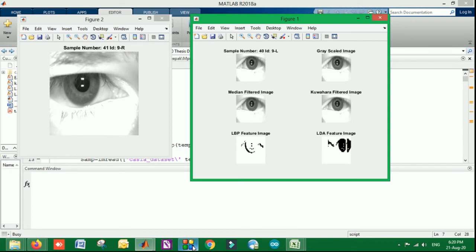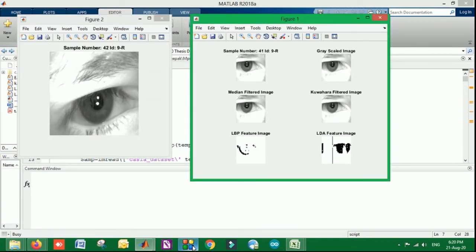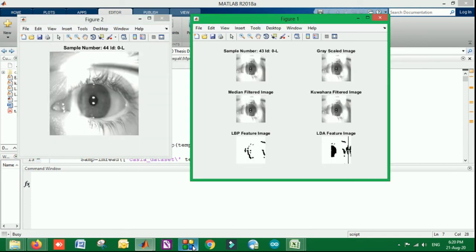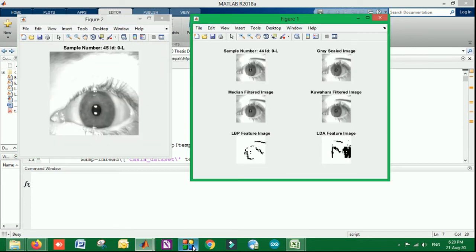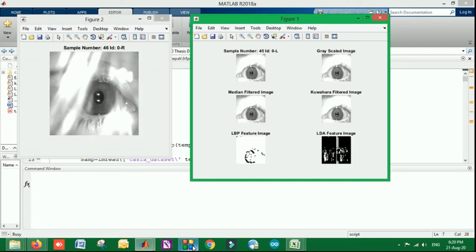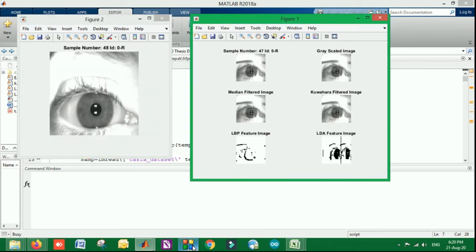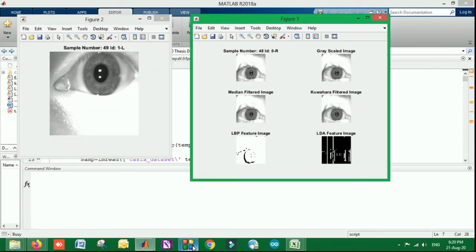Currently the sample being processed is the 40th, 42nd and so on, left and then right. Along with that, you can see a graph representing the variation in the histogram for the two models. I will explain once it is done.